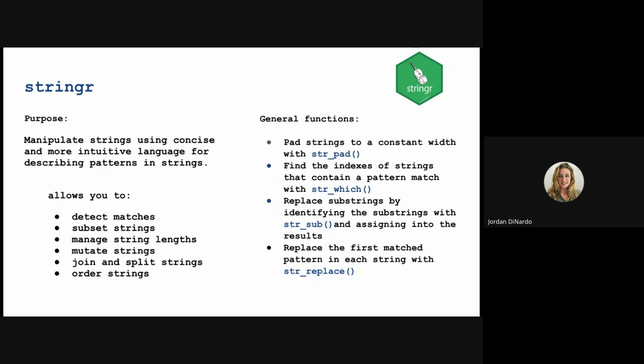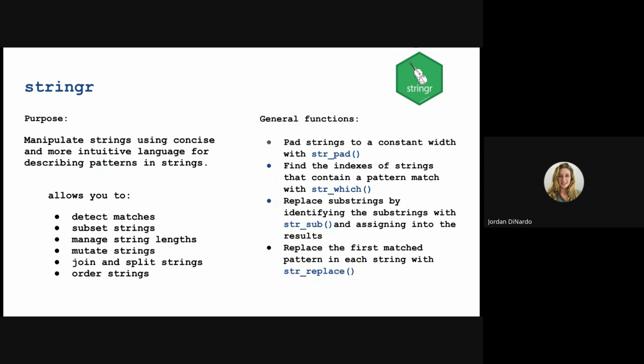Say you needed a 0 in front of those earlier months for future manipulation. Now you can pad that column with a 0 using this function here. So it's really, really easy.